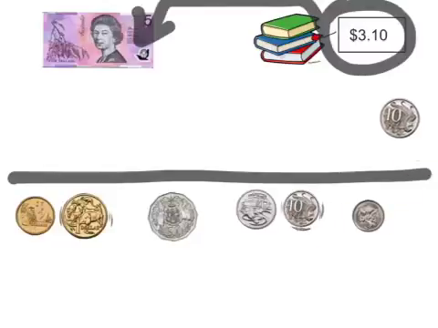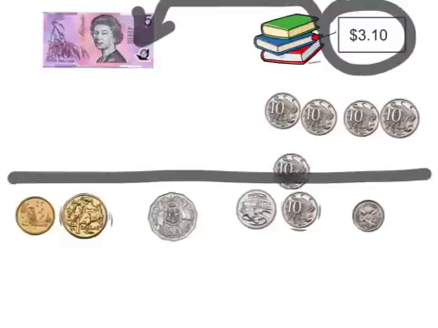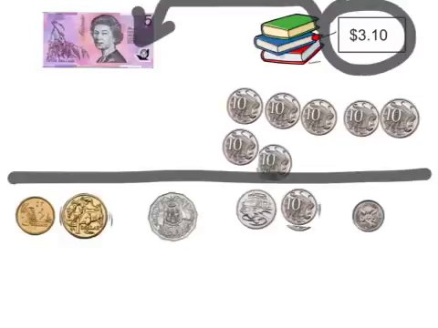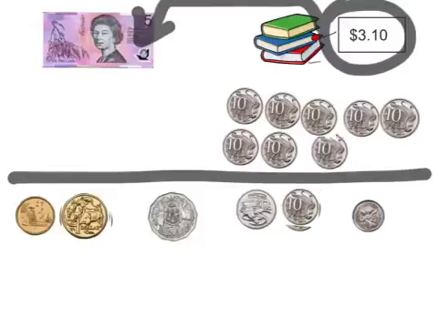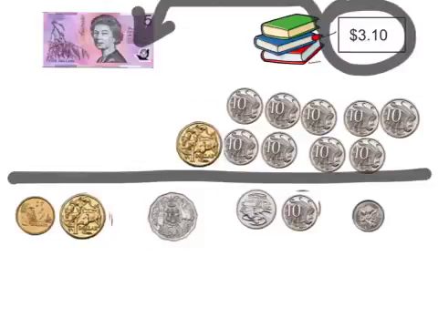Another 10 makes it $3.20, $3.30, $3.40, $3.50, $3.60, $3.70, $3.80, $3.90, $4. So I still haven't made it to 5. I've got $4 now.